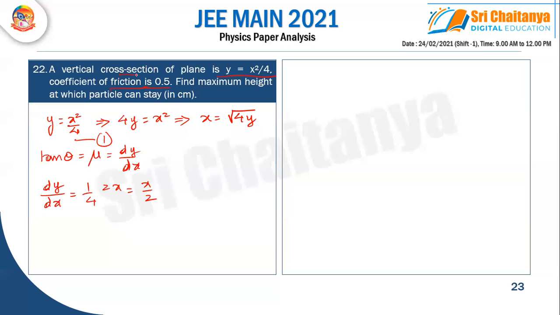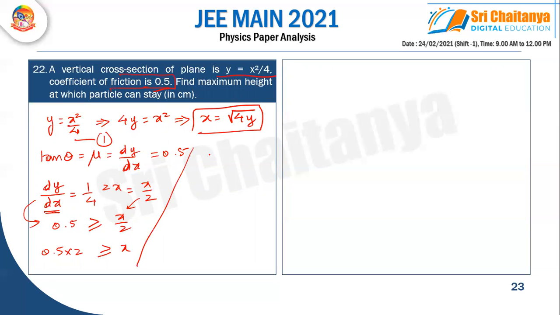In fact, coefficient of friction is mentioned here as 0.5, and he says that it has to stay there. If it has to stay there, dy by dx, the value 0.5, should be greater than or equal to x by 2. So x I'll be getting as 1, and I substitute x here.